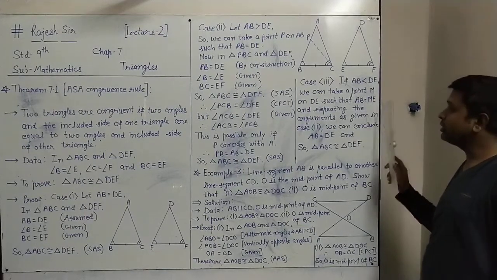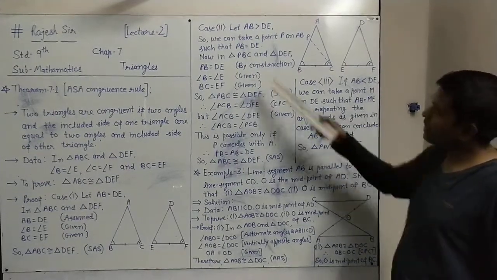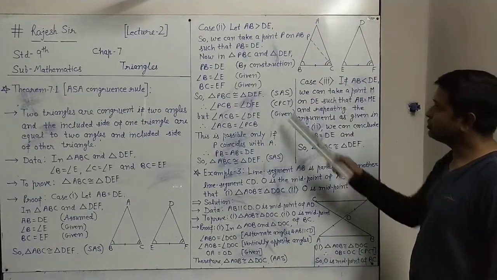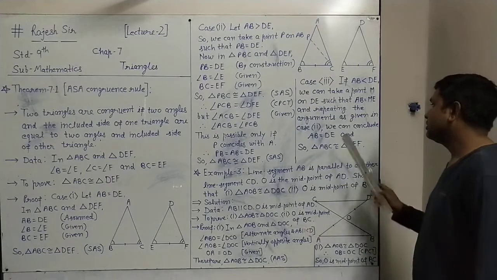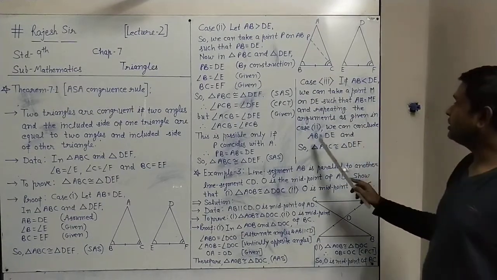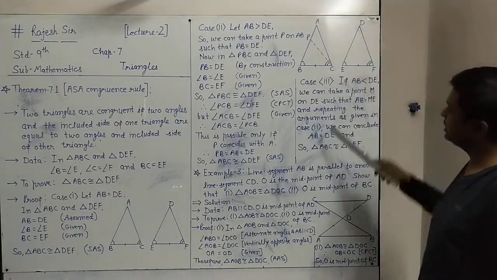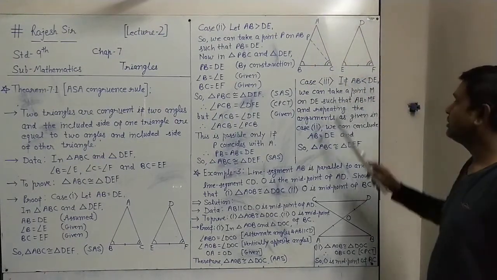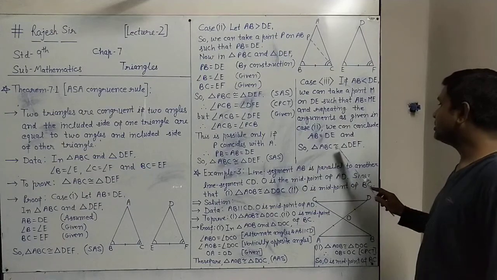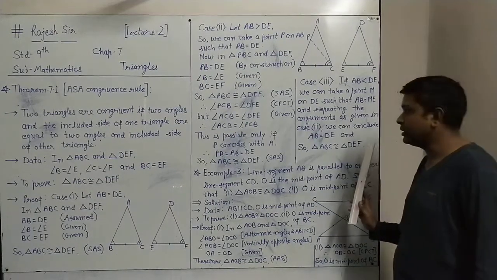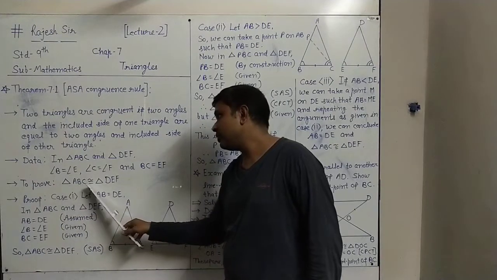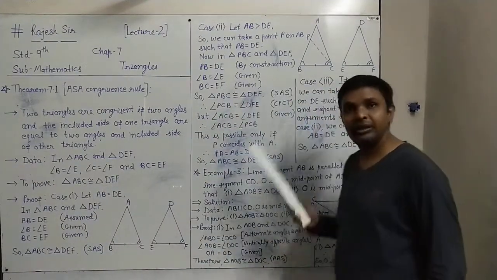We can repeat this type of argument as shown in case 2, and conclude at the end that AB will equal DE only. If AB equals DE, we can write that triangle ABC is congruent to triangle DEF in the third case also. So in all three cases we have triangle ABC congruent to triangle DEF.